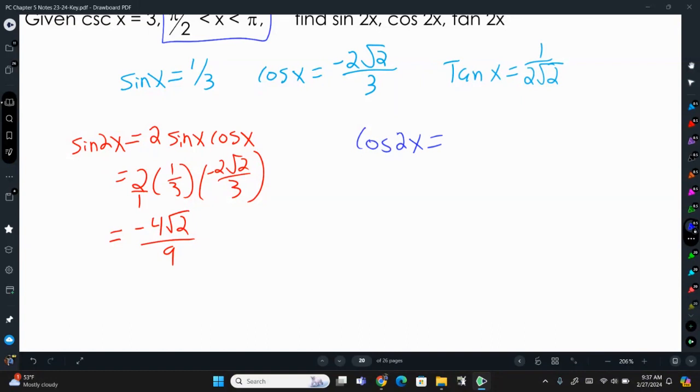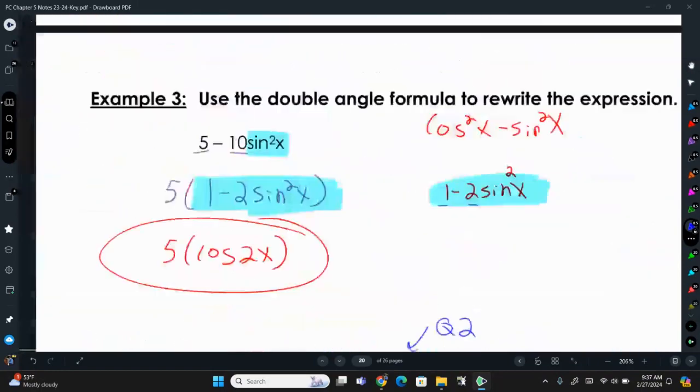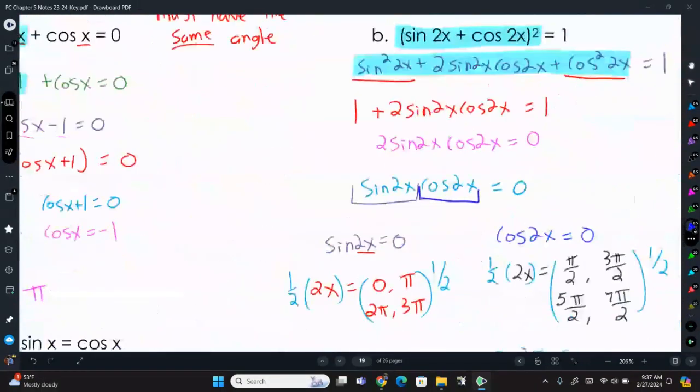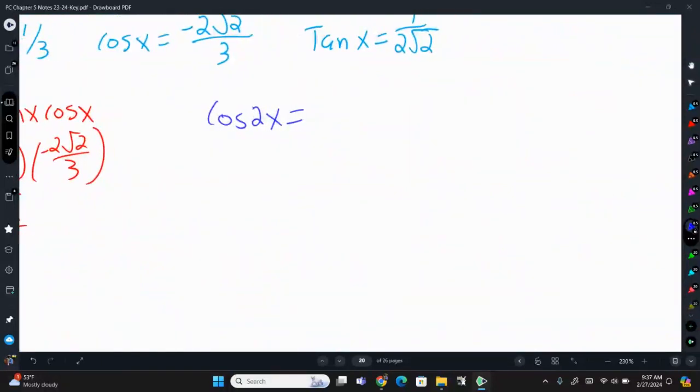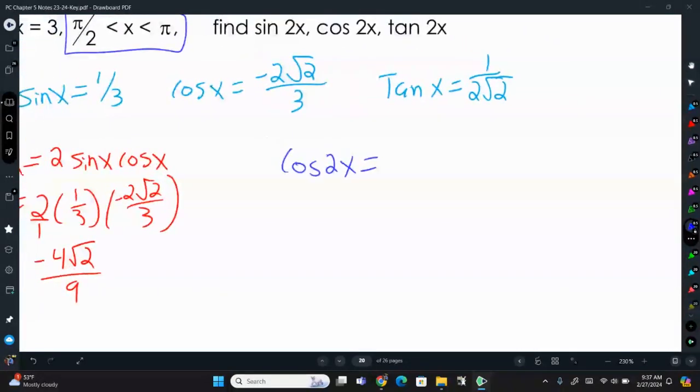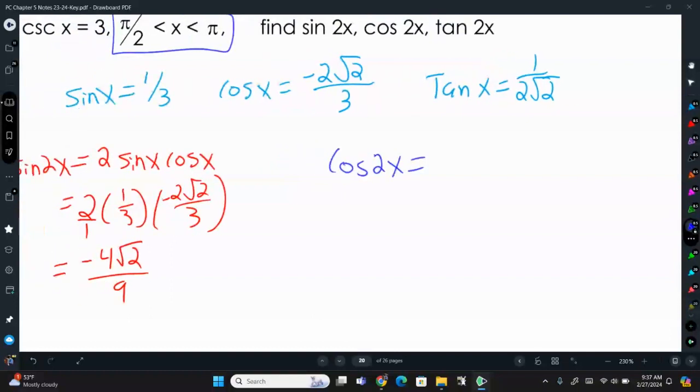If we use any of the other ones, we're going to have to then get common denominators. Let's see, we already used that one though, so let's use a different one. So I'm going to use the one with sine in it. So 1 minus 2 sine squared theta.